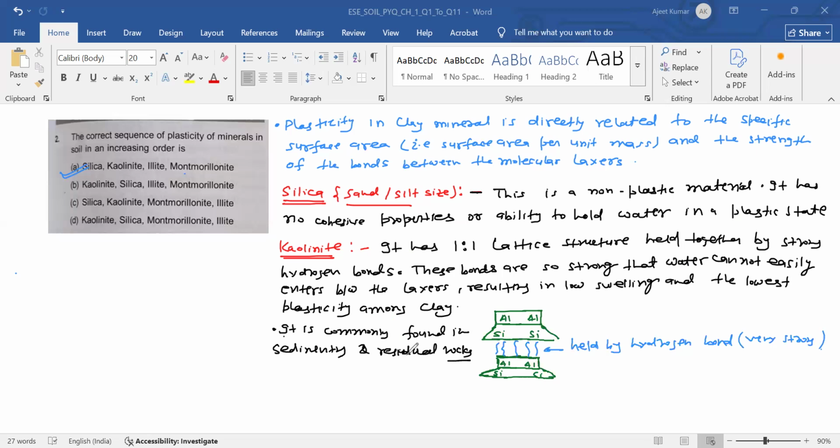Okay. Sorry, residual soils. So this is all about kaolinite.